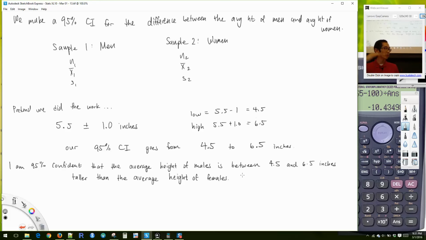Okay, so what we're saying is that the average male is somewhere between 4.5 to 6.5 inches taller than the average female. This is basically what we're saying.